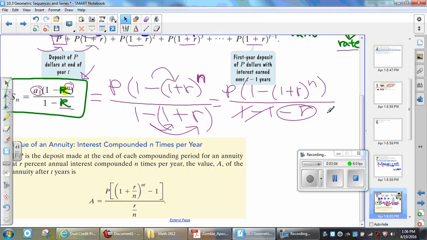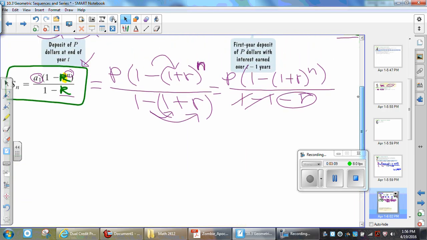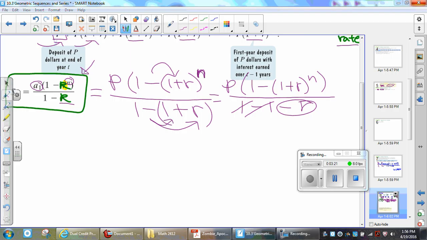Now, just for the purpose of this lesson, instead of using n, we're going to use t, because that was the last term we were going to have.